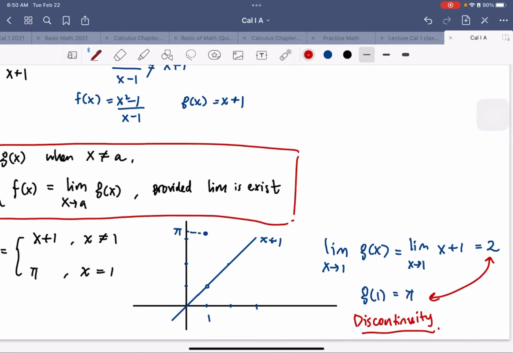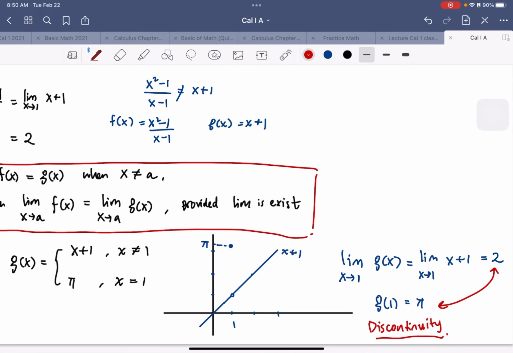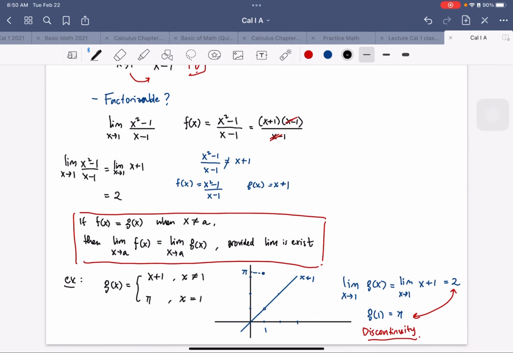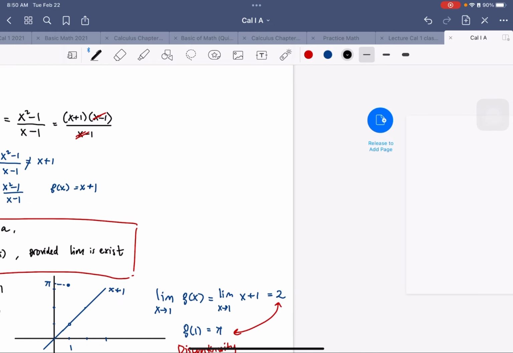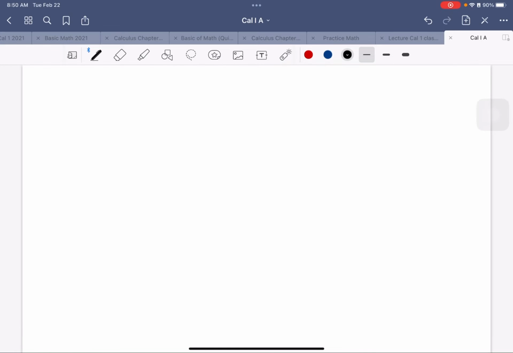Another method that you can apply, aside from what we have later on, the L'Hopital rule and others. Let's say we have the limit as x approaching 0.